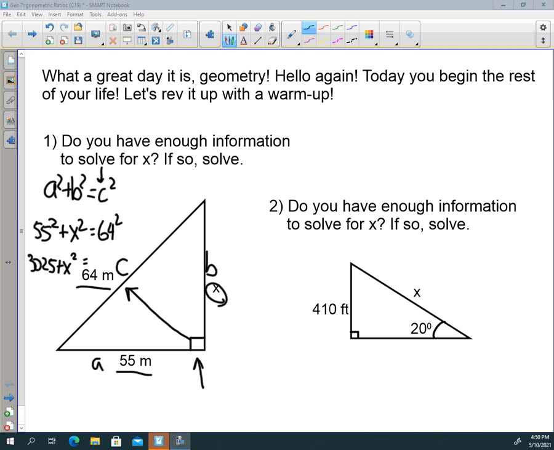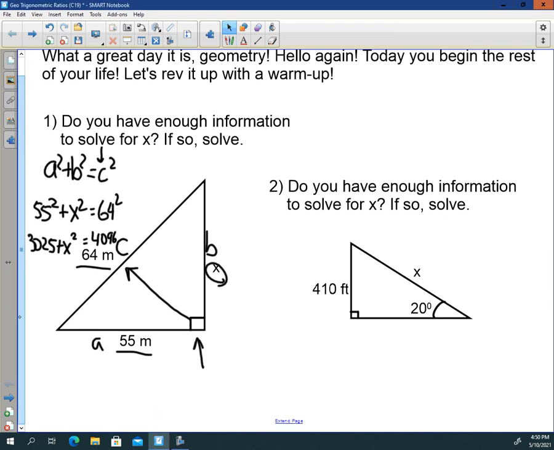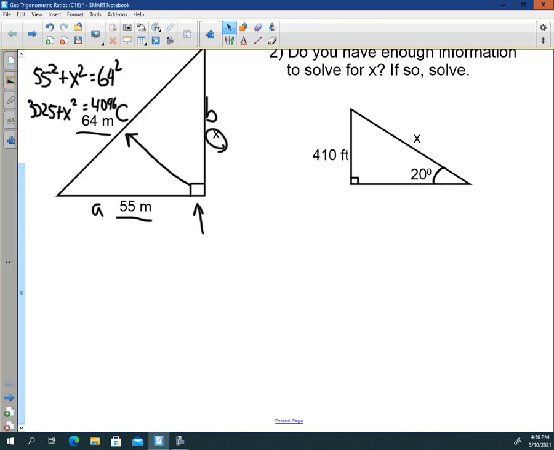Nope, wrong number. 64 squared is 4,096. Wow, why didn't I leave myself more room? You might wonder. I'm wondering the same. How about I extend this page out a little bit?